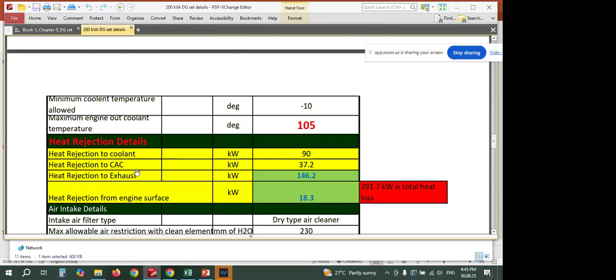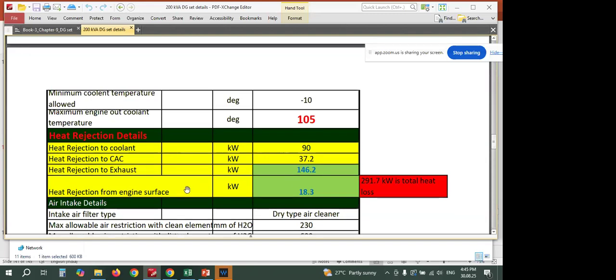Heat rejection to charged air cooler, it is 37.2. Heat rejection to exhaust is 146 kilowatt. And heat rejection from engine surface, it is 18.3. So all put together, 291 kilowatt is the total heat loss.